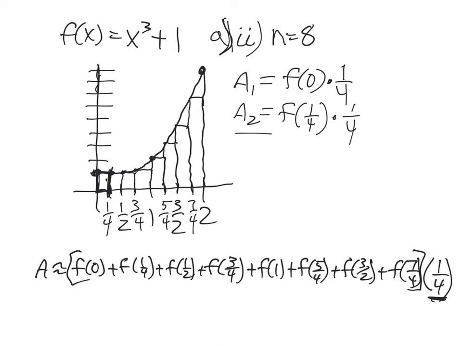We can go ahead and factor that out. And we've got f of 0 plus f of 1/4 plus on up through f of 7/4. That's going to be our last rectangle because that's our 8th one. Count up your function values. Okay. Using the left endpoints, we end up with this as our last function value.